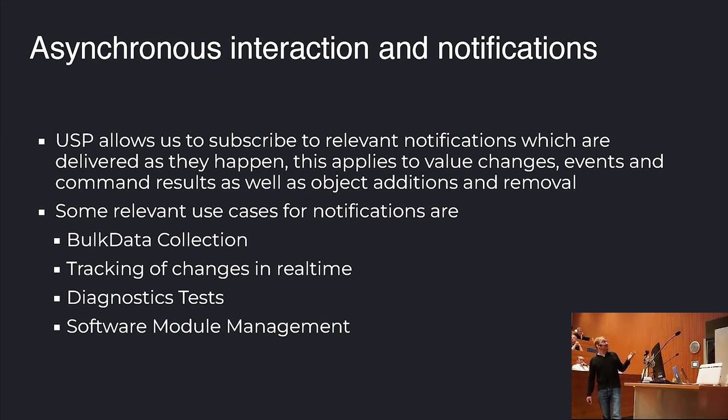And of course, we have some very relevant use cases for those. Some popular ones are bulk data collection, since we now get rid of the external service that has to relay the information to our controller, and then we have to merge them somehow in the background. We can actually use this very efficiently to also drive up the data rate.